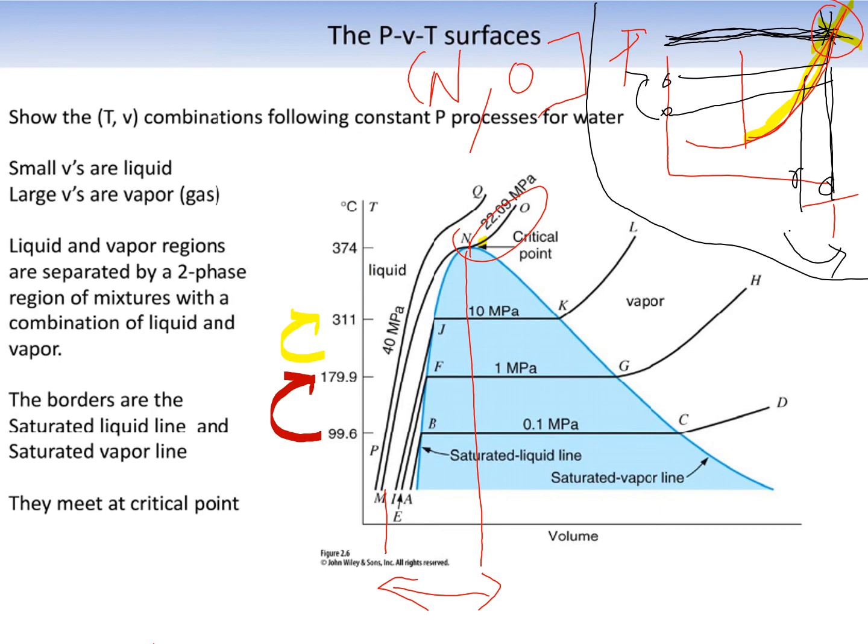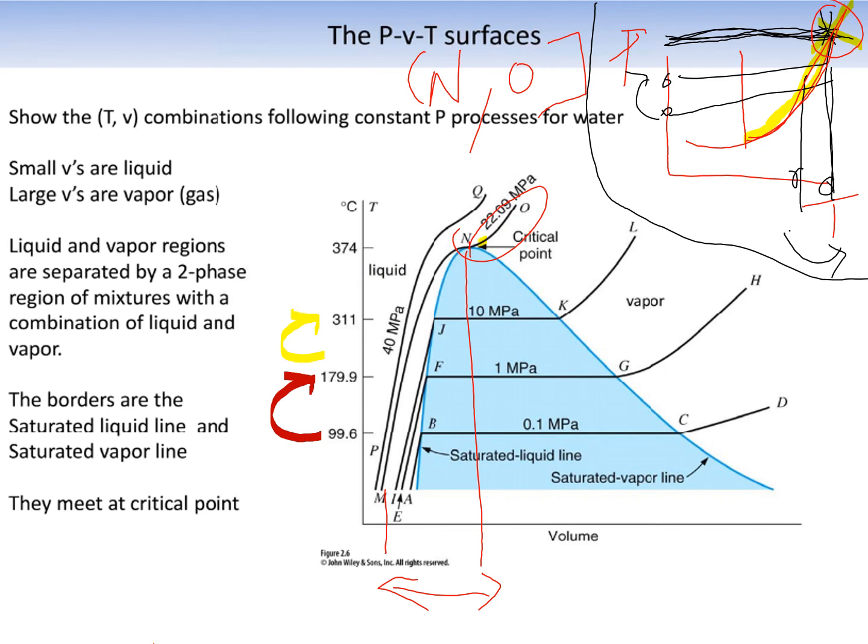So this is the graph for water, but the overall behavior of engineering materials or pure substances remains the same, irrespective of the material, like water or nitrogen or methane or carbon dioxide or argon gas. All of them exhibit a similar kind of behavior, but the values will be different.